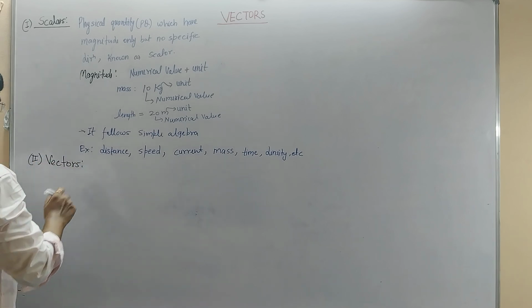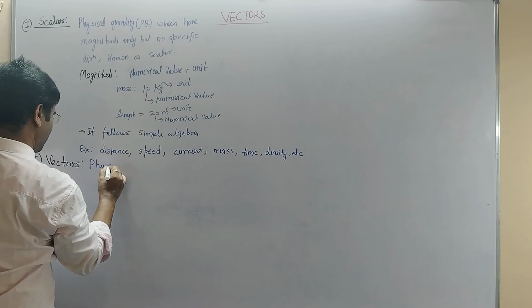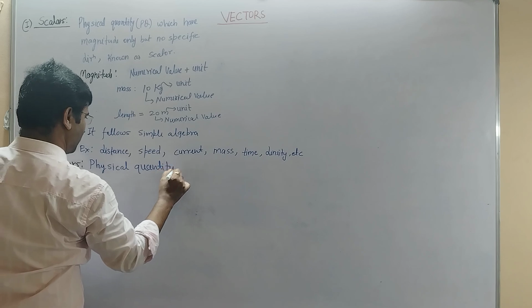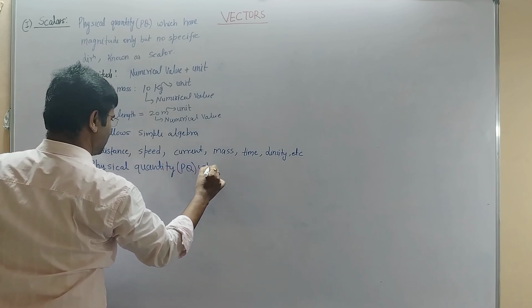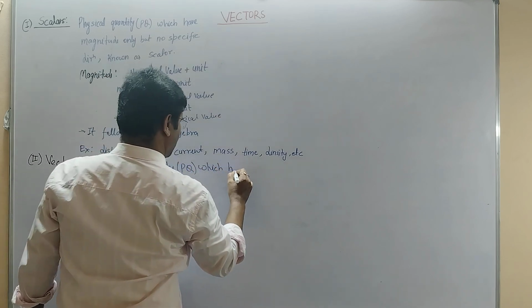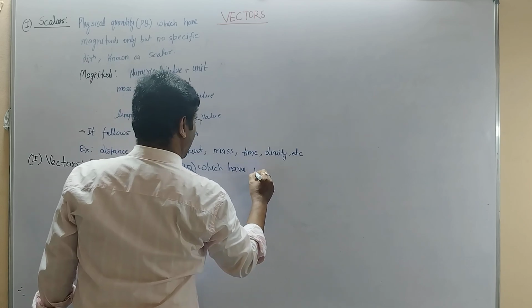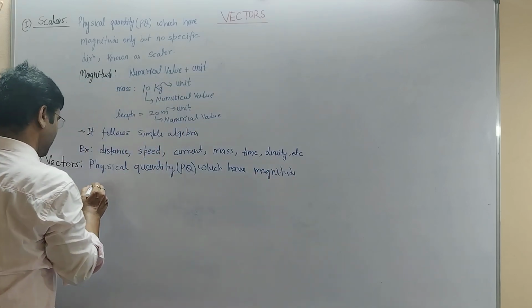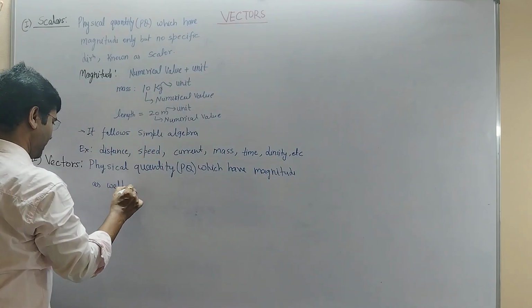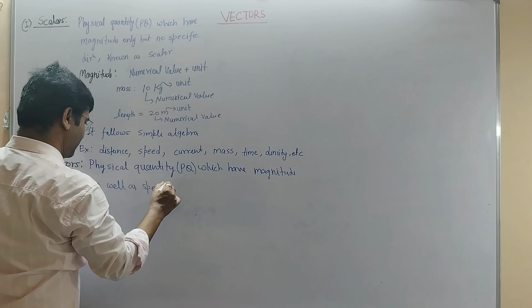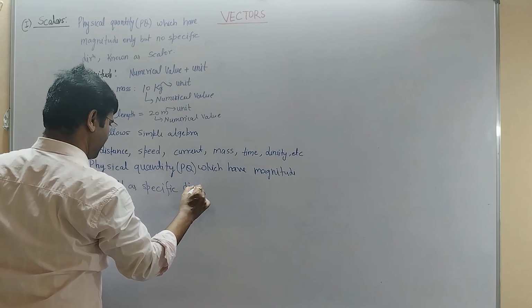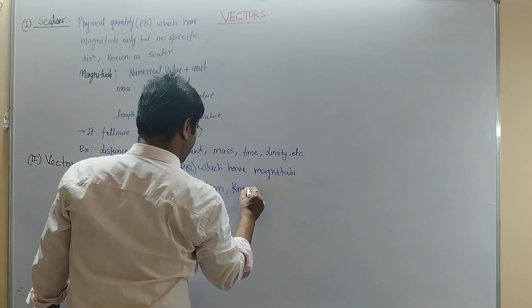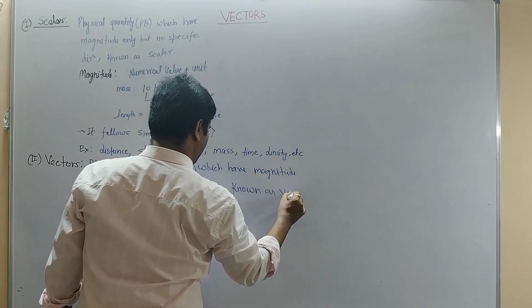Again, we can define vector: a physical quantity which has magnitude as well as specific direction is known as vector.